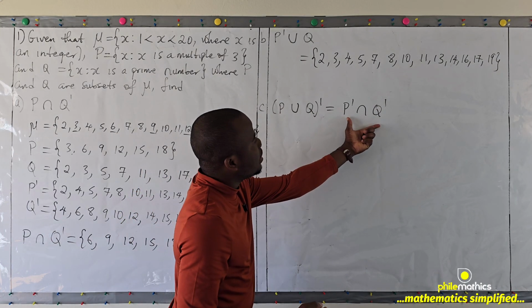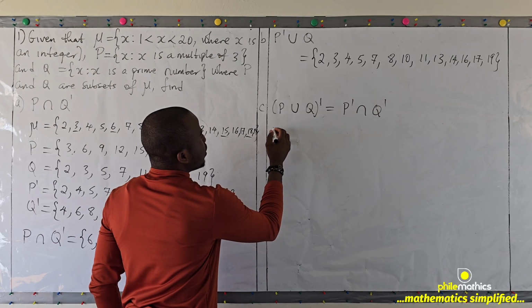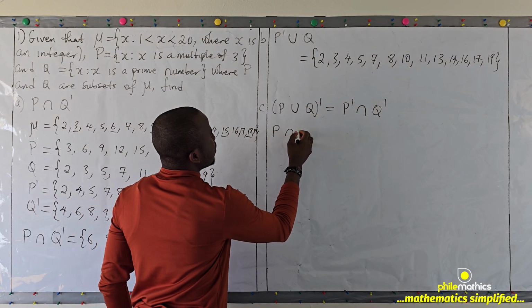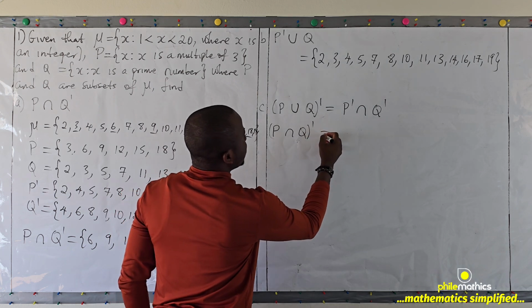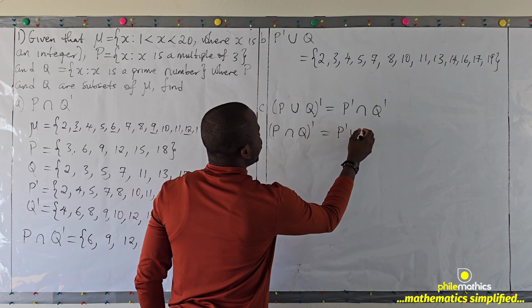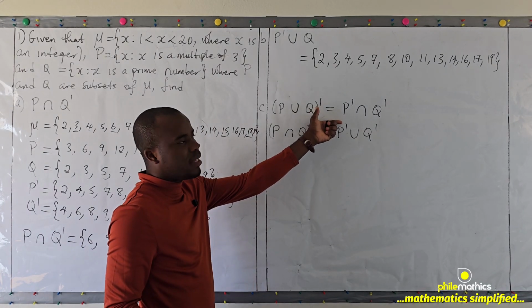And De Morgan's law also says p intersection q prime is the same thing as p prime union q prime. But this is the one we are interested in.